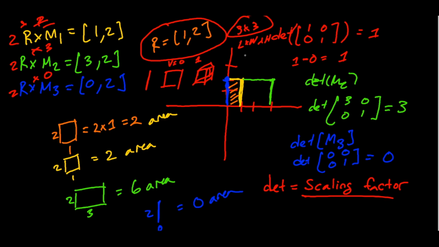If one of these is 0, that means that your volume is going to be equal to 0. Correspondingly, since in the example I showed you, height times width equals the area, if one of these two is equal to 0, then that means that your area is also 0. Hopefully that explains what a determinant is.